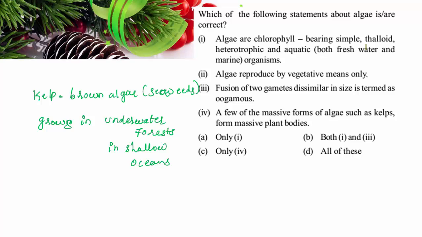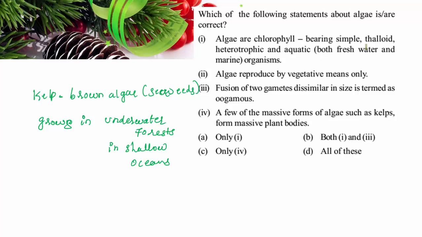Algae reproduce by vegetative means only. Again this is also a wrong statement, because algae can reproduce even by the sexual method of reproduction. Fusion of two gametes dissimilar in size is not the oogamous method, it is anisogamous.